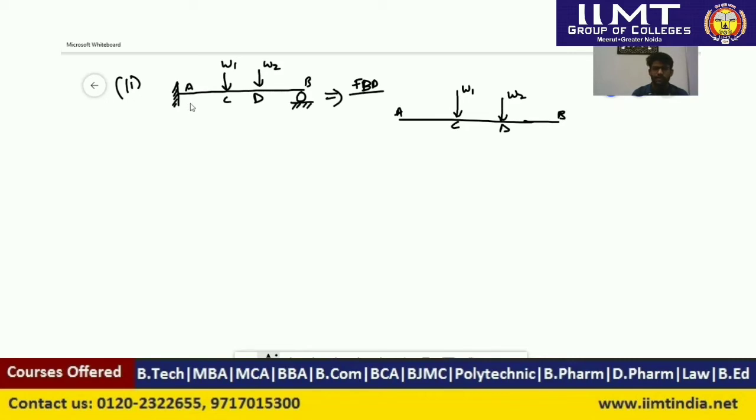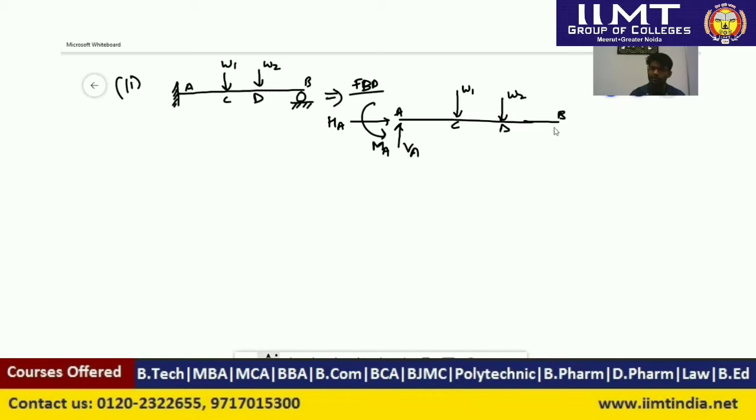So the support reactions which act on a fixed support are a vertical force, a horizontal force and a moment, MA. So the number of support reactions on a fixed support is 3. What are they? VA, HA and MA. That is vertical force, horizontal force and moment.